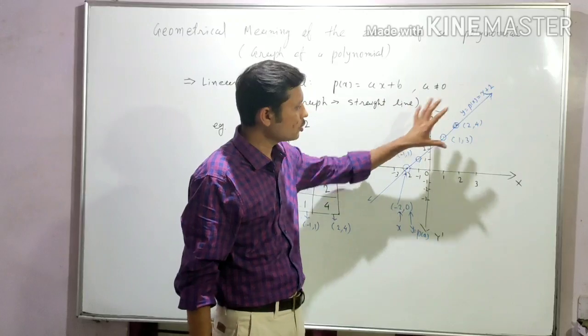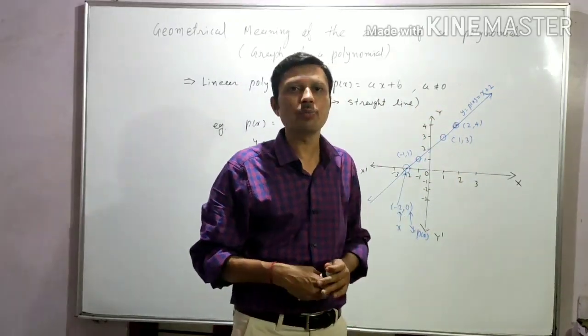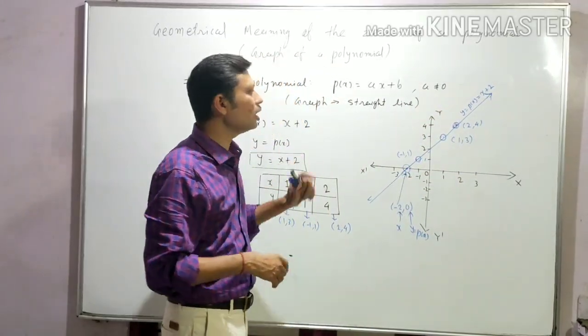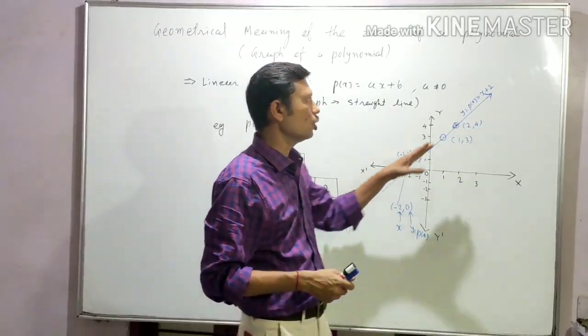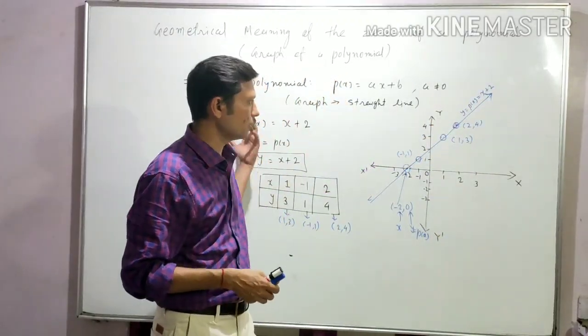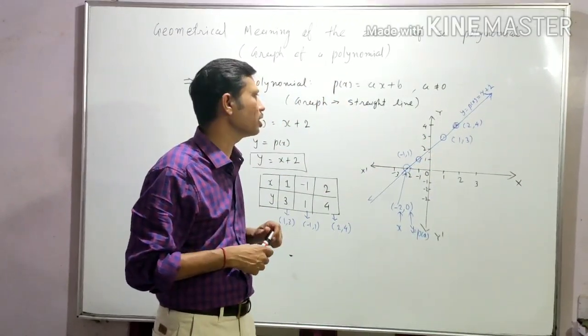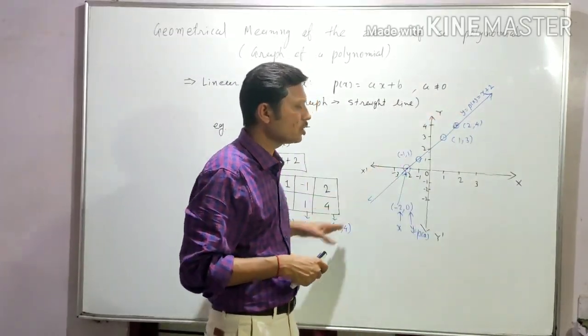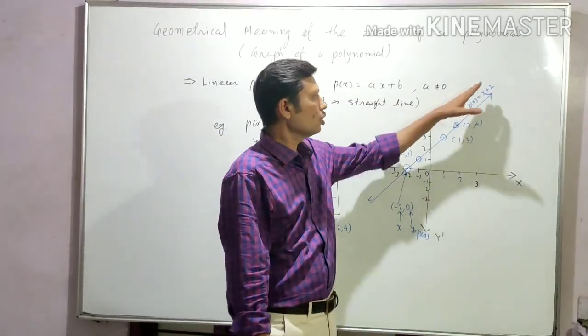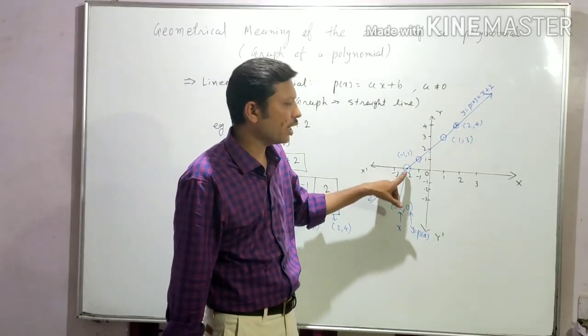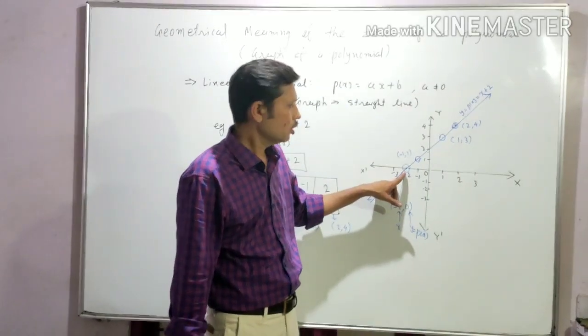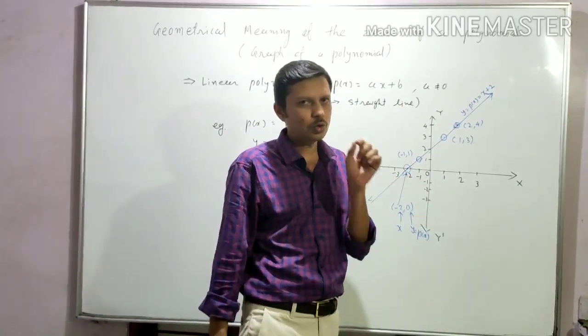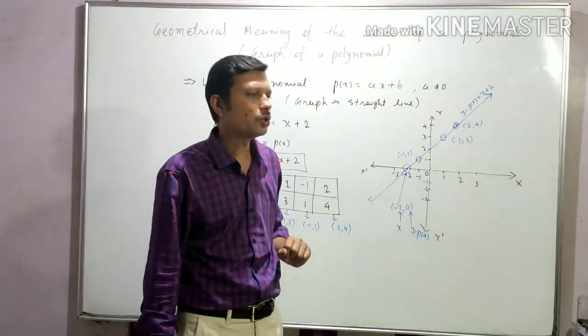So this way we can understand the zero of the polynomial for the linear polynomial. As we already studied in class 9, the graph of a linear polynomial is a straight line. When our polynomial graph intersects the x-axis, that point gives the polynomial value 0.